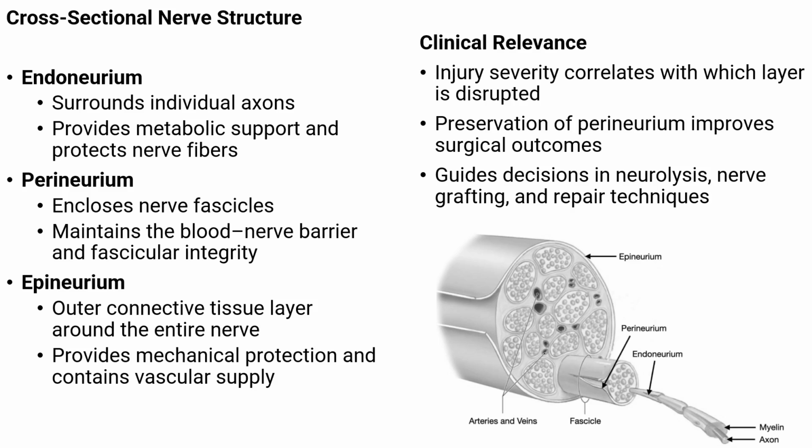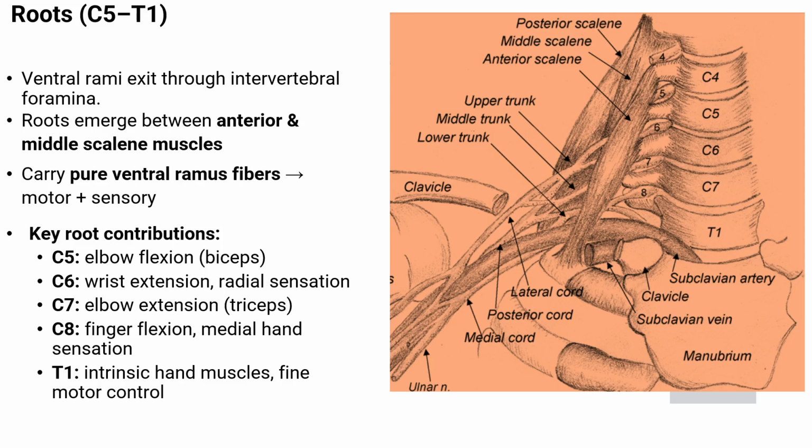The brachial plexus begins with roots C5 to T1, which exit the spine and pass between the scalene muscles. Each root carries both motor and sensory fibers. C5 powers elbow flexion, C6 extends the wrist, C7 controls the triceps, C8 flexes the fingers, and T1 manages fine hand movements.